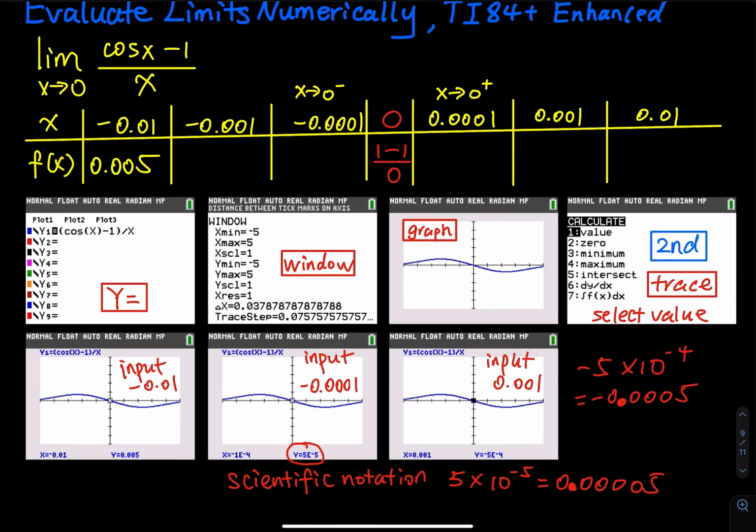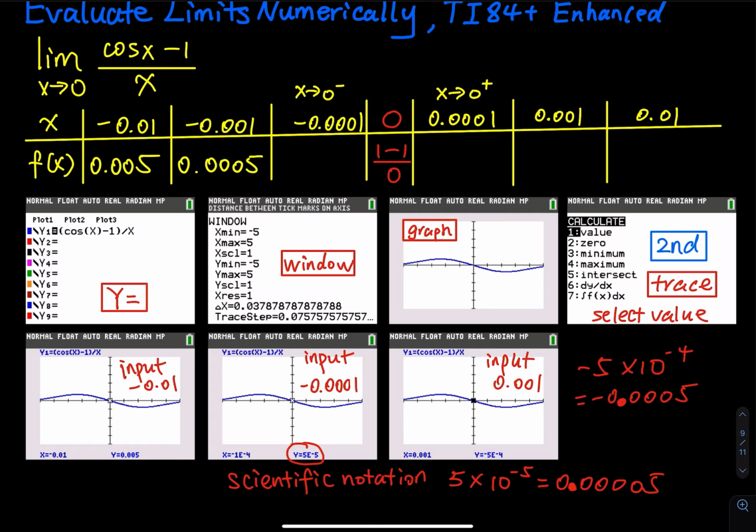That gives you the next value, but unfortunately I did not include that screenshot here. That gives me 0.005. Then we try the next one, negative 0.001, which is this screen. Once you hit enter, you will see scientific notation: 5E-5, which is 5 times 10 raised to the negative 5th power.